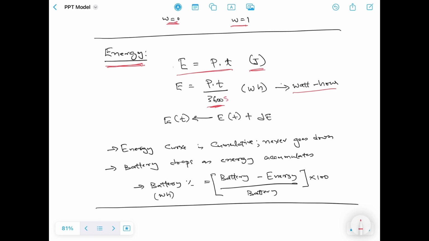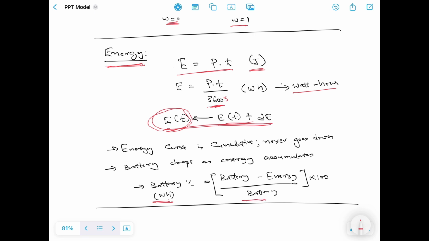So the idea is the energy curve is basically cumulative, meaning it never goes down. So we just continuously add energy to show that it keeps increasing, and as this goes up, the battery percentage goes down following this equation.